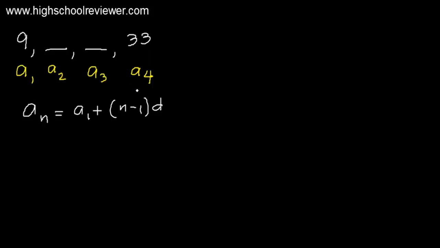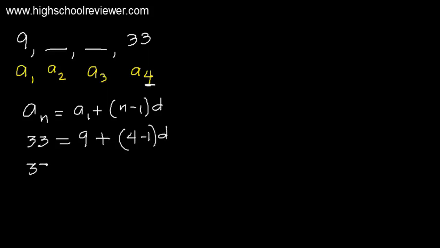Since 33 is a sub 4, the value here is 33. Our a sub 1 is positive 9, plus n, since this is the fourth term, n will be 4 minus 1, multiplied by d.